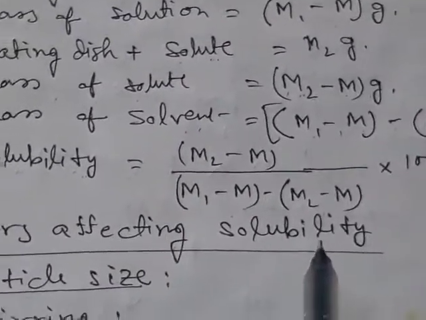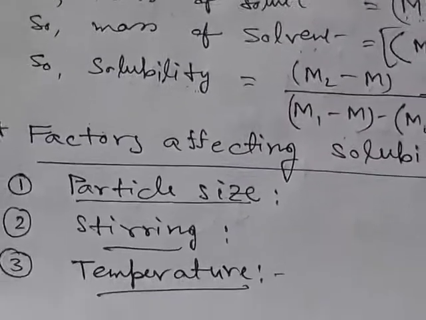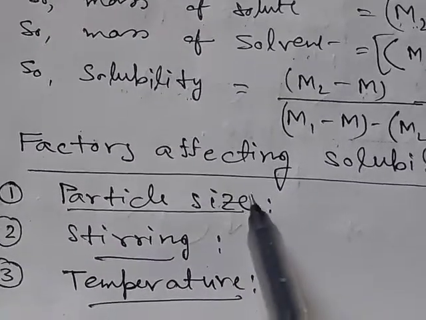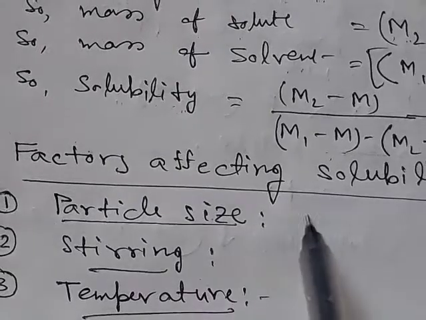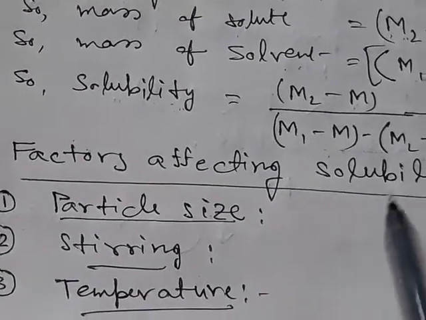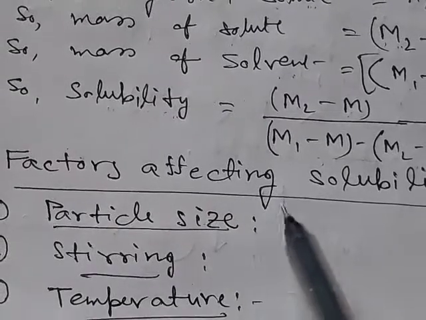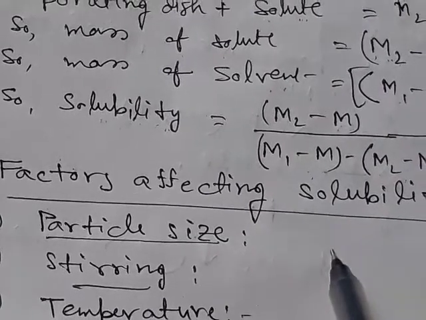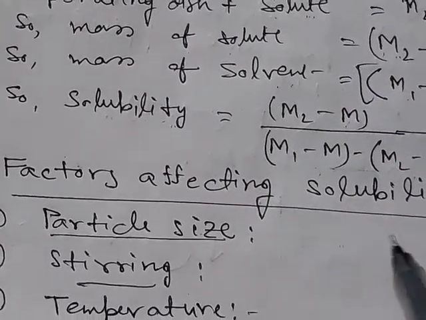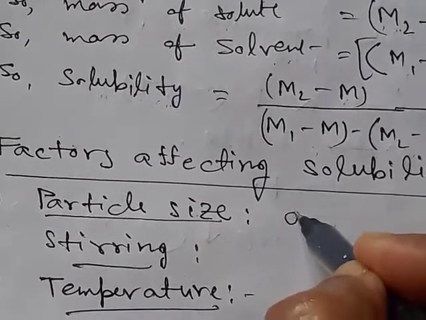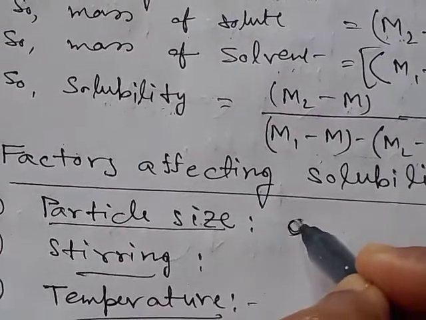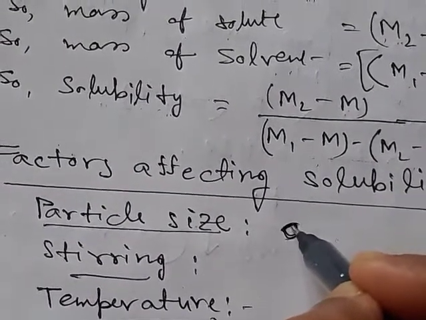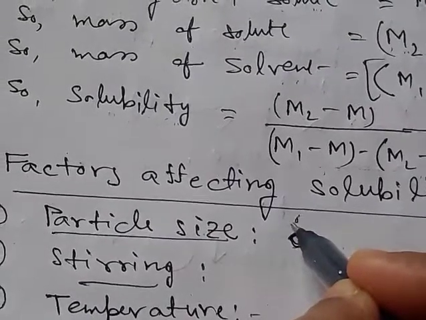Now, factors affecting solubility. There are different factors which affect solubility. Number 1 is particle size. The smaller the size of the solute particle, the greater will be its solubility, because the smaller the size of the particle, the larger will be its surface area which will come in contact with the solvent molecules.